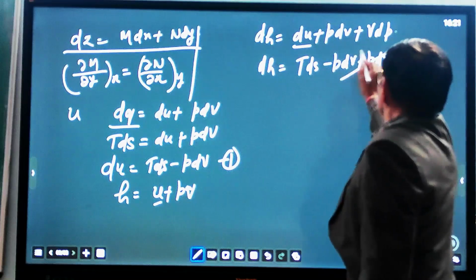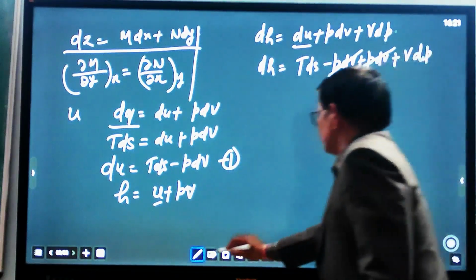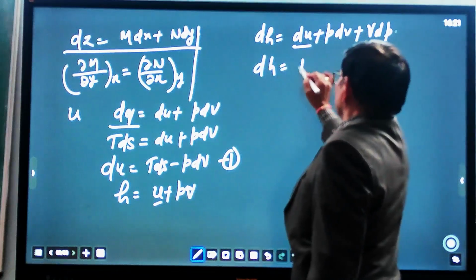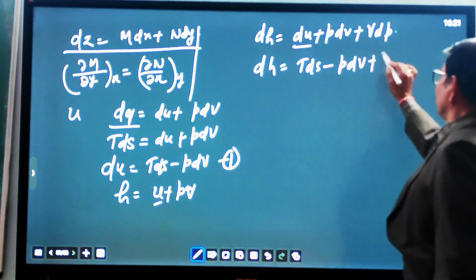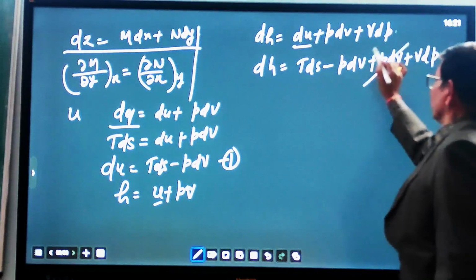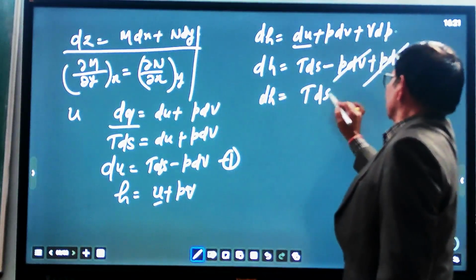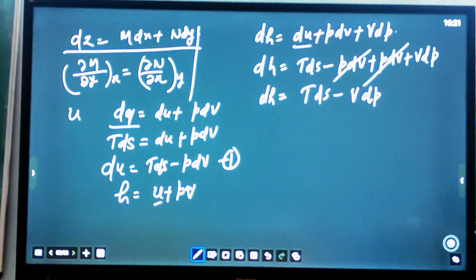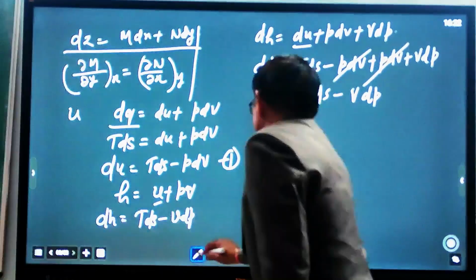Sorry, I made a mistake. So you remove this PdV, and dH equal to TdS plus VdP. This is the second thermodynamic relation.